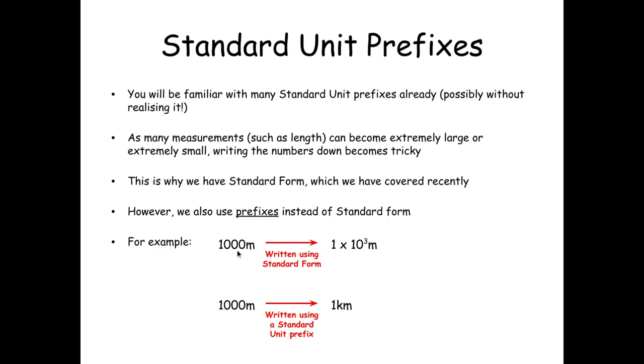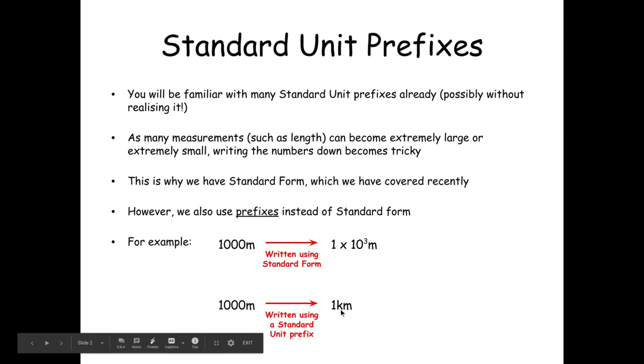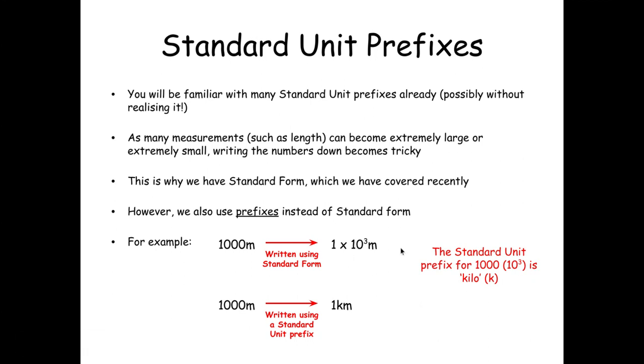So these are all equivalent, 1,000 meters or 1 times 10 to the 3 meters or 1 kilometer, okay? They are all equivalent. So the standard unit prefix for 1,000, 10 to the 3, is kilo, okay? So if you see this, if you want to, you can get rid of times 10 to the 3 and just put kilometers instead.